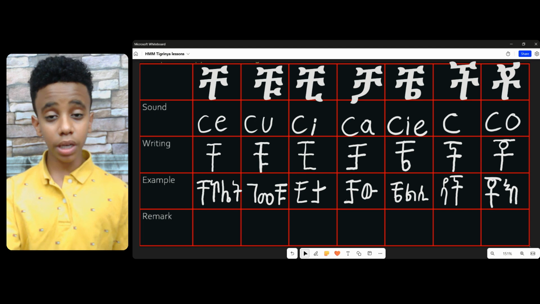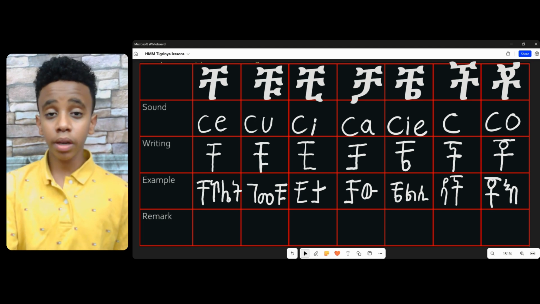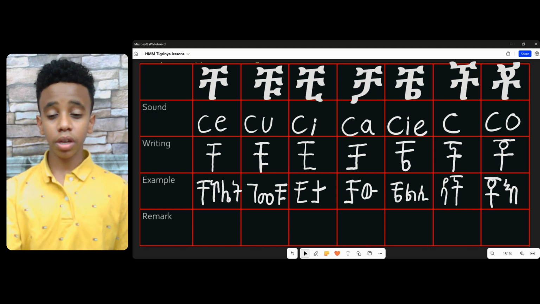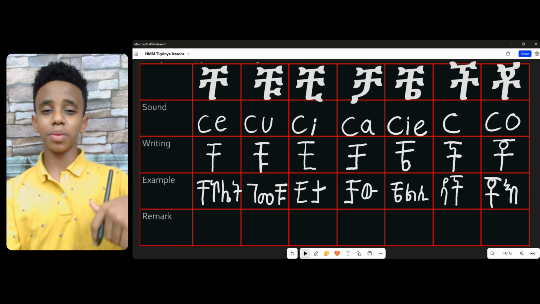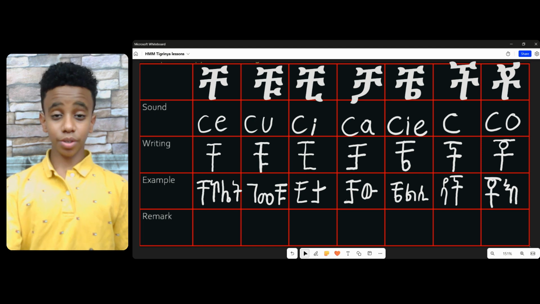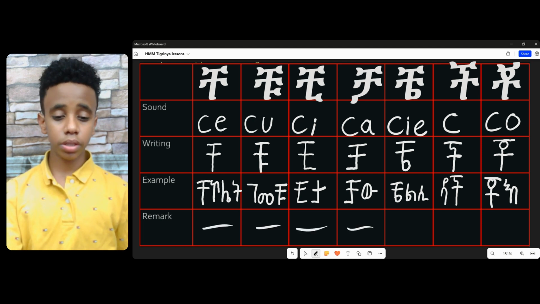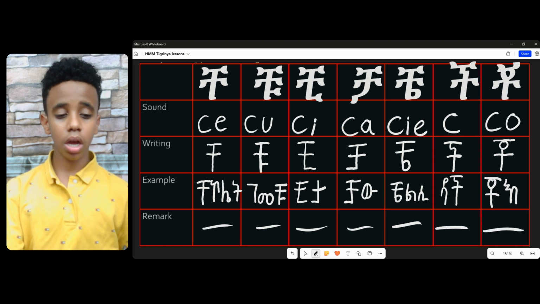The reason that we didn't have the remark is pretty obvious, and that is because we do not have any extra information to share about this Tigrinya letter set. But again, I'd love to hear from you guys, so if you do have any extra information, then make sure to leave that in the comment section. So now, this means that I will cross or dash this section out.